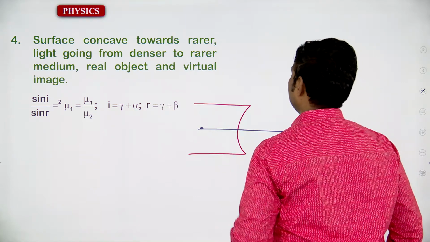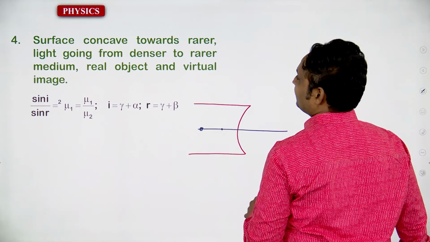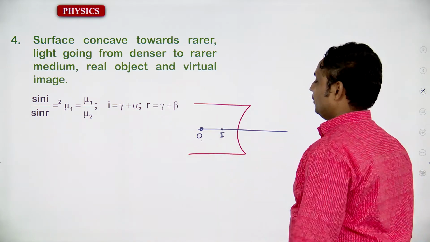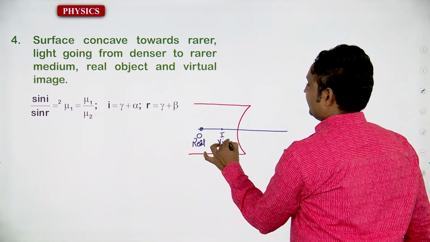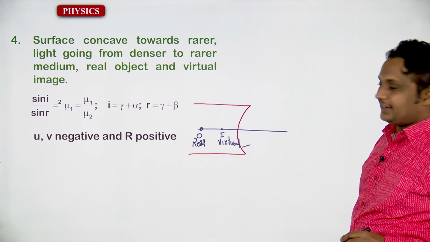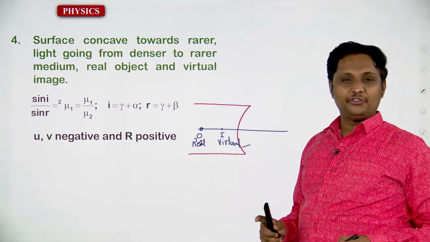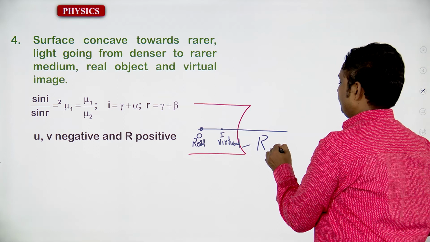So, this is the object, this is going to be that image, yes, this is going to be I, this is real, this is virtual, it is very clear. So, we are going to get that, yeah, u, v negative or is going to be the positive, it is very clear, and you will get that here, you will get that this is going to be positive.